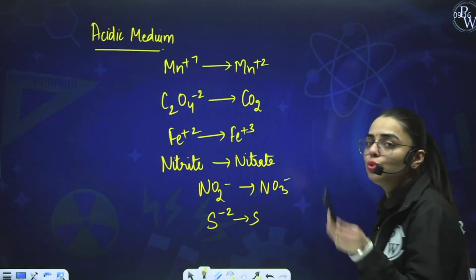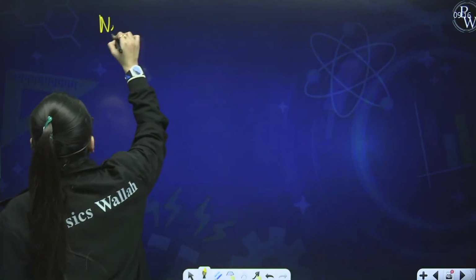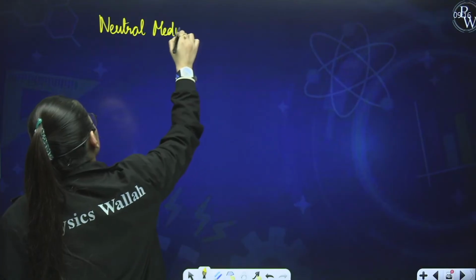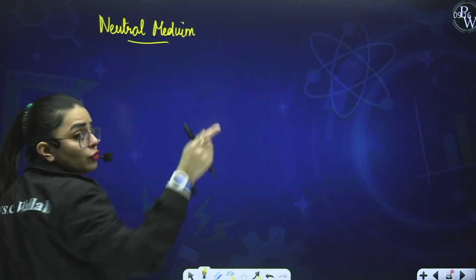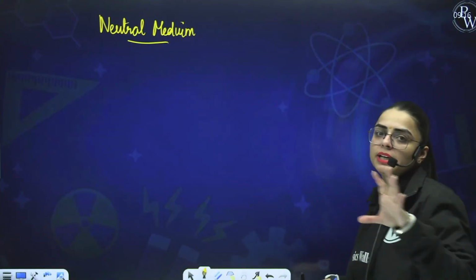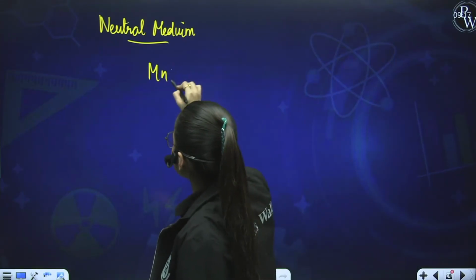Now when I talk about neutral medium, or fairly alkaline, you can write it over here. In neutral medium, what will happen? In acidic medium, I have told you it converts from plus 7 to plus 2 oxidation state. But over here in neutral medium, it is converting from plus 7 to plus 4 oxidation state. How come? In plus 7, it is MnO4 negative.